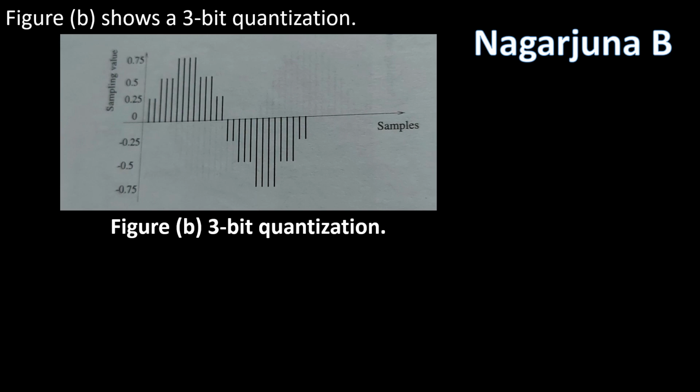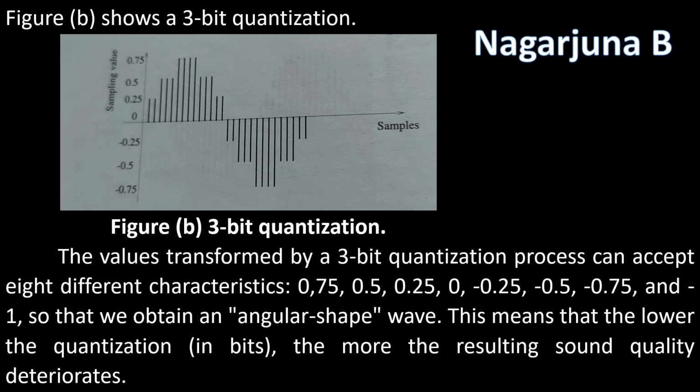These are the 8 different values we get when we perform 3-bit quantization on a sampled wave or sampled values.